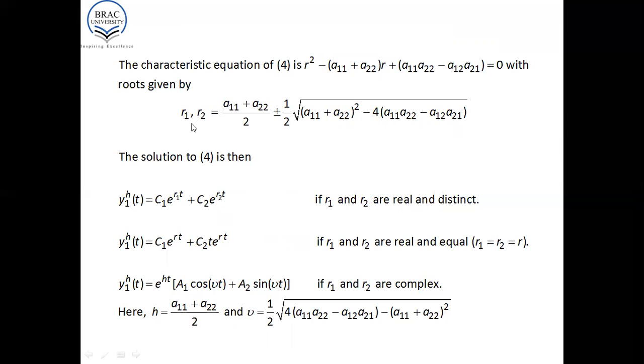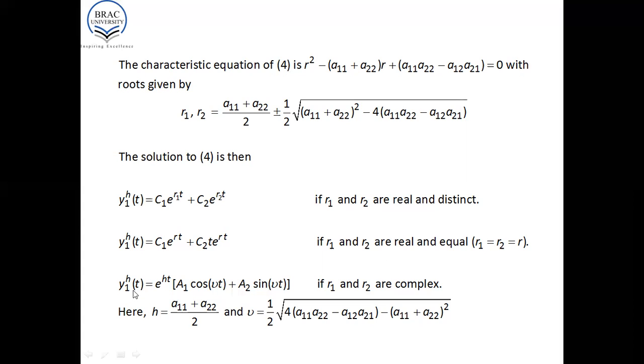Once you have obtained the roots r1 and r2, the solution to equation 4 is y1h, the homogeneous solution, equal to c1 e to the power r1t plus c2 e to the power r2t, if r1, r2 are real and distinct. y1h is equal to c1 e to the power rt plus c2 times t e to the power rt, if r1 and r2 are real and equal.